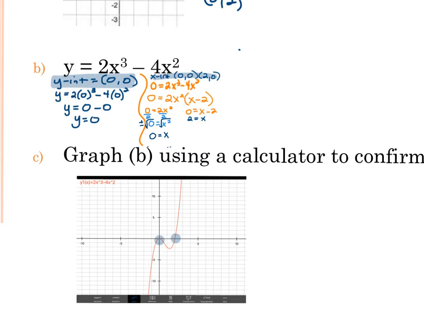Just to be really, really clear, if an instruction in your homework says to graph something and then answer questions based on it, like graph this formula, find the intercepts, whatever it is, then you need to make sure you're graphing it on either your handheld or your app, screenshotting it, or taking a picture of what your handheld looks like and bringing it into your homework.